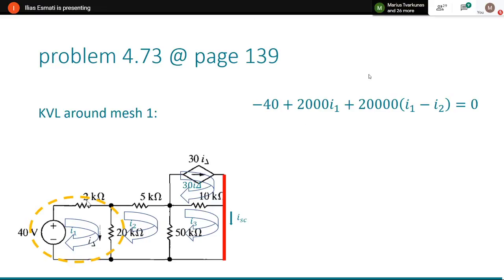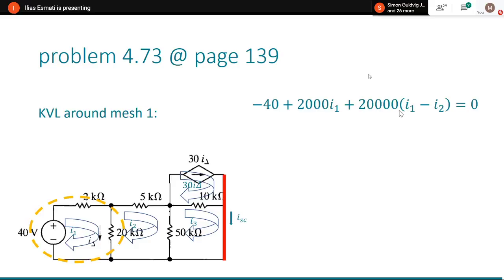Voltage is simply the current I multiplied by resistance. Resistance is 2K, you can write it as 2000, and you multiply by the current I1. Okay, and then you add the next one, the 20K, or 20,000 ohm.